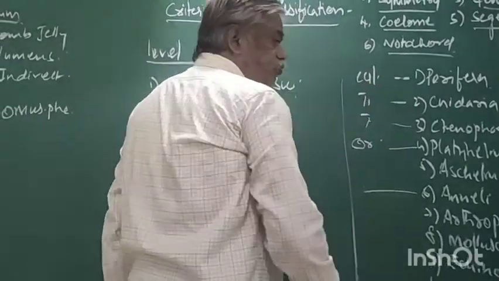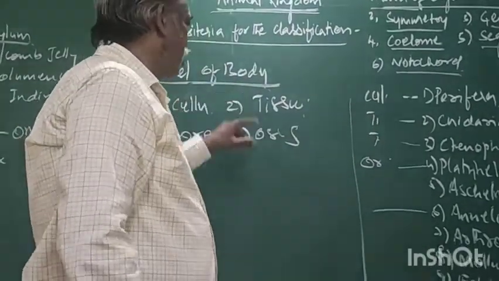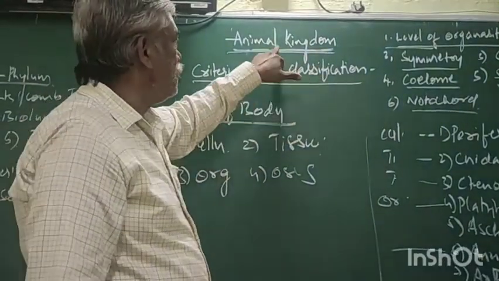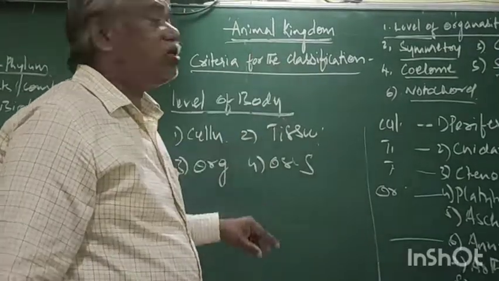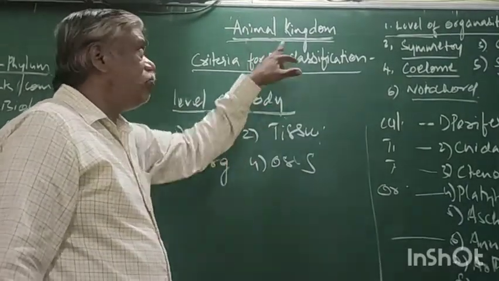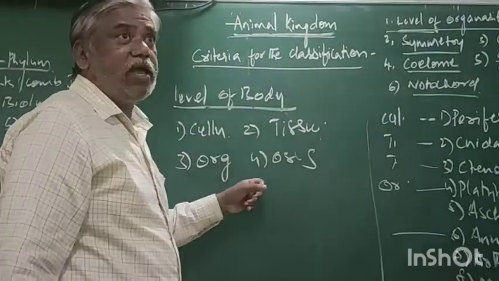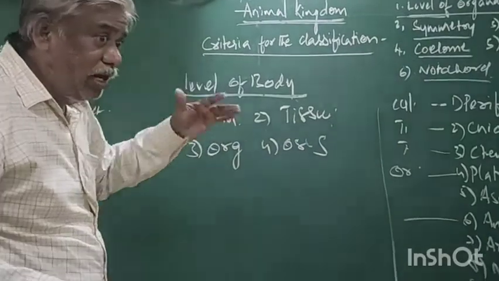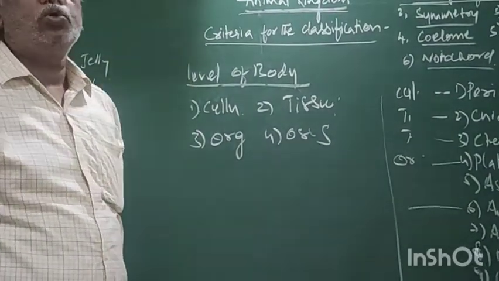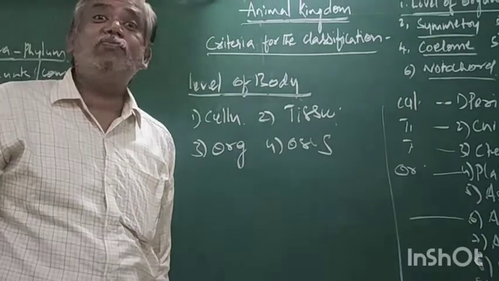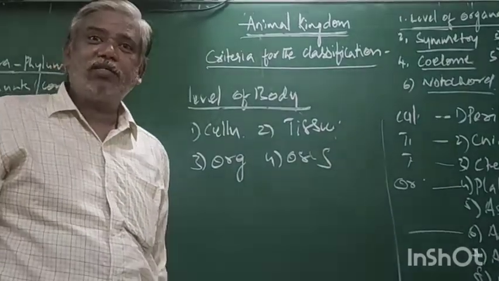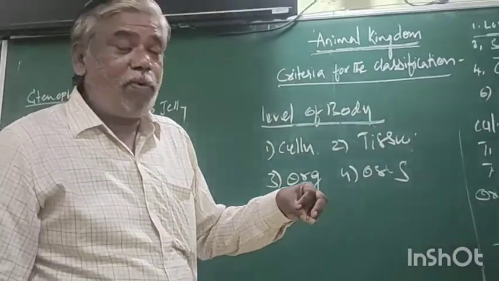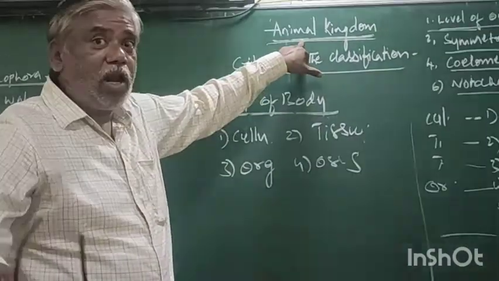So this is the level of body organization. In this animal kingdom, the lowest level is cellular and the highest is organ system. But yes, levels lower than cellular also exist: in protozoans, protoplasmic level; in viruses, molecular or submicroscopic level. But in this animal kingdom, all are multicellular.